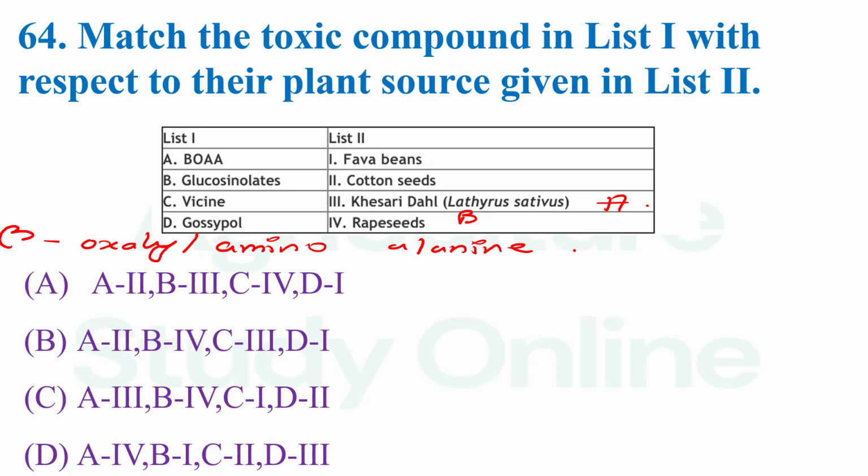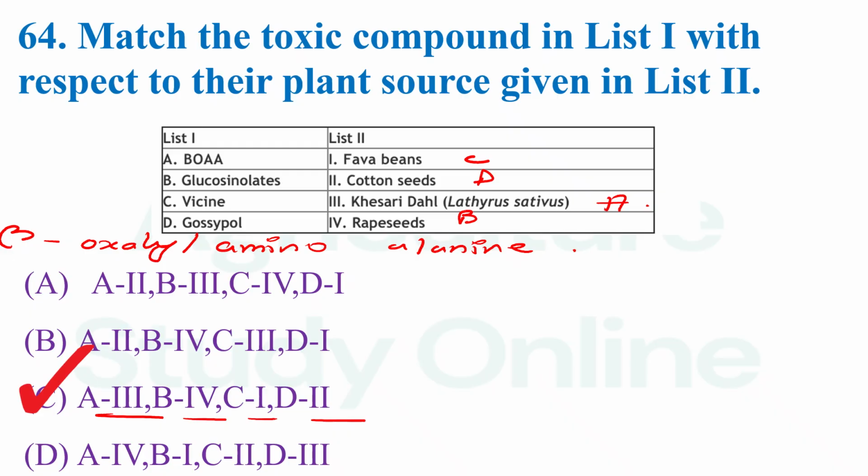It causes favism, that is a hemolytic anemia, and it is found in fava bean, that is option C, 1. Gossypol, it's common one, that is cottonseed. So it's a toxic polyphenolic compound which is present in cottonseed meal. So over here, our correct option should be option number A, that is A3, B4, C1, and D2.